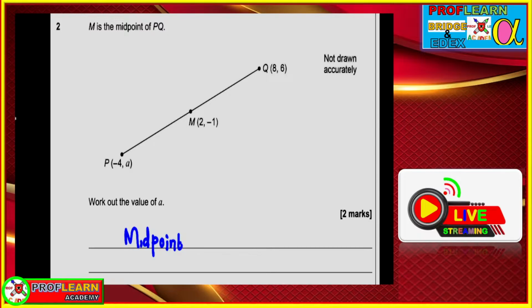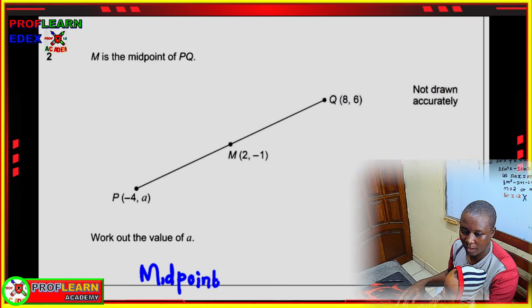The midpoint is going to be, what's the formula we can use to write midpoint? So that is exactly what we are going to focus on at this given point: how we can find the midpoint.